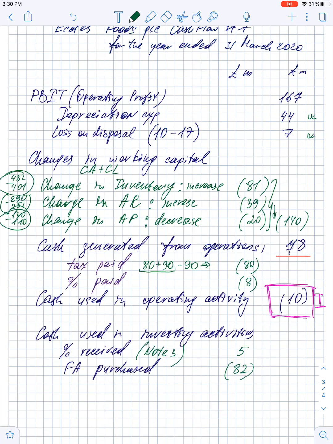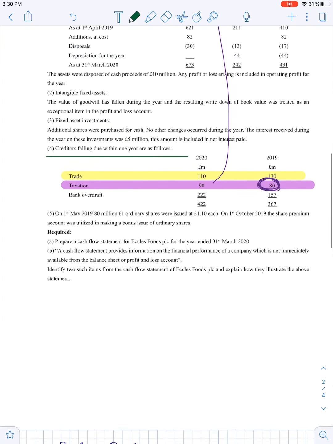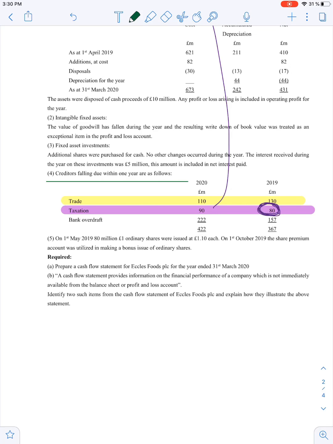I'm sorry. Then we have to consider the purchase of investment. We have to refer to note 3 one more time. We can see here that additional shares were purchased for cash and no other additions occurred during the year.